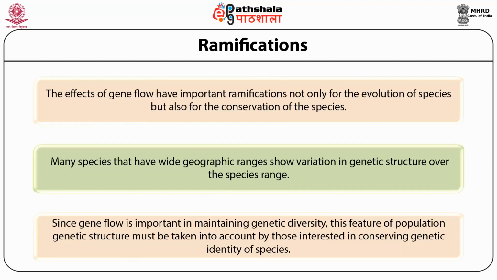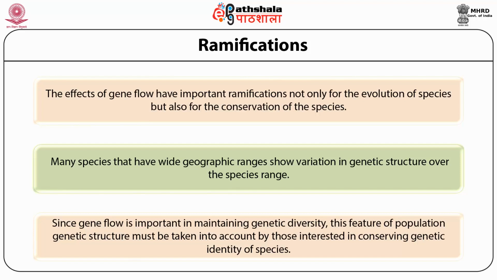Finally, migration of individuals into a population may also change the makeup of the population gene pool. If the allele frequency of the migrants differs from the resident population, this phenomenon is very obvious.